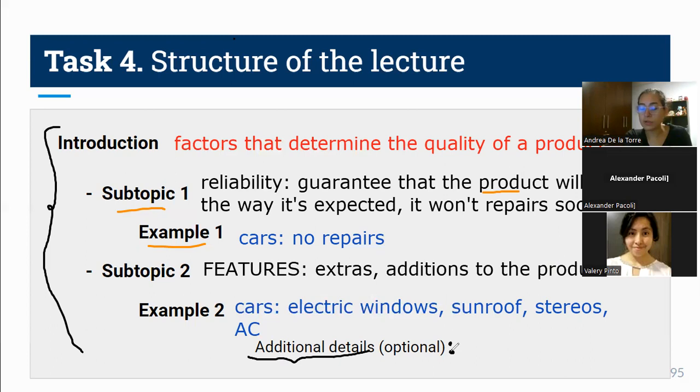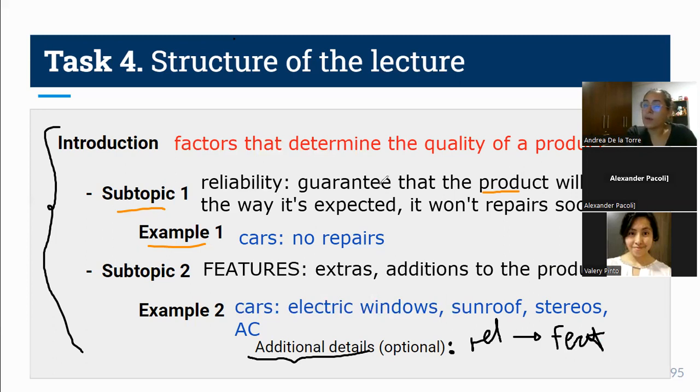But now, because most of the time reliability is kind of the same among products, people already expect a product to be reliable, and then they are looking more at features, right? And that has become the major factor now. So those will be the additional details, right? The switch from reliability being the main factor to features being the main factor now.